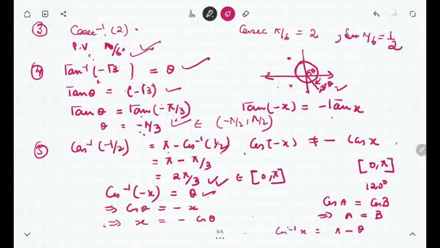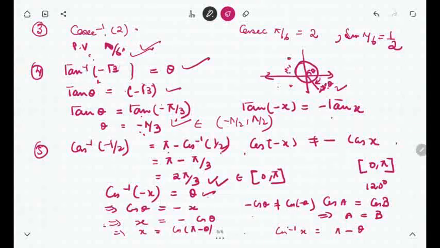Now, cos in the fourth quadrant is positive, so you cannot write minus cos theta as cos of minus theta. So here we will write x as, cos of pi minus theta is minus cos theta. Cos in the second quadrant is negative.